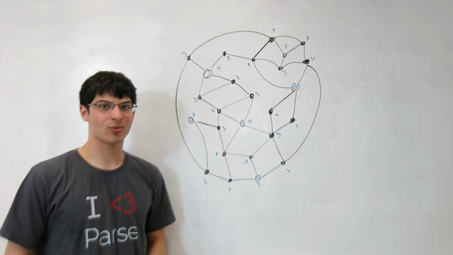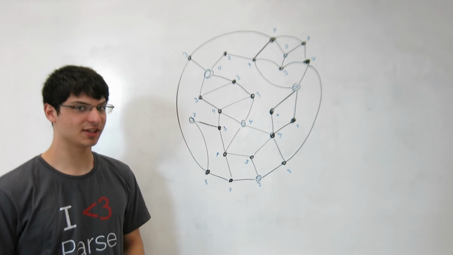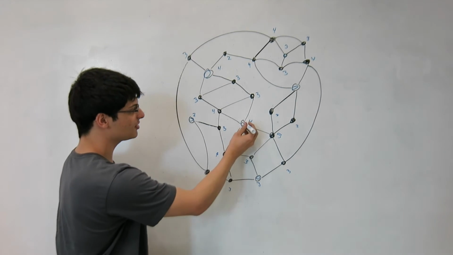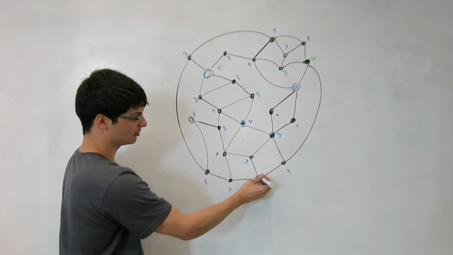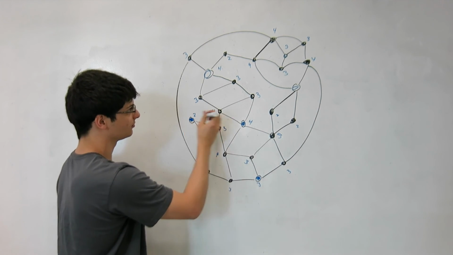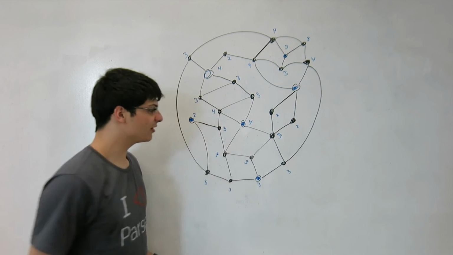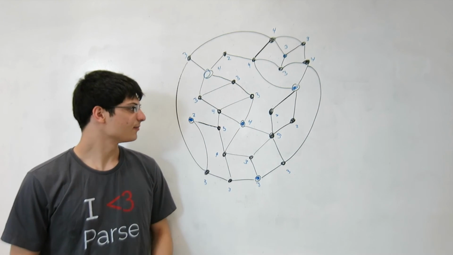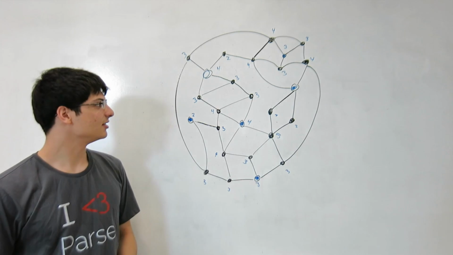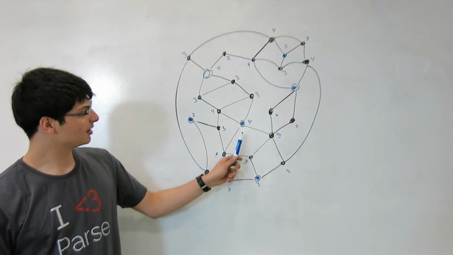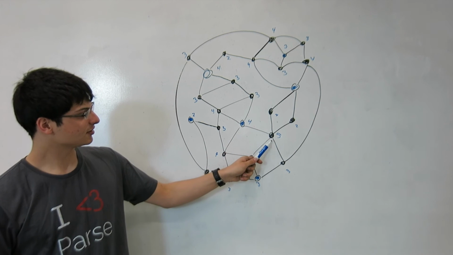So naturally, we would want to pick that to be the first vertex in our dominating set. However, we see that this vertex is not in the dominating set composed of these vertices. This is where the greedy algorithm would lead you astray. It would not produce the dominating set of minimal size in this case, because the actual dominating set includes this vertex, not this one.